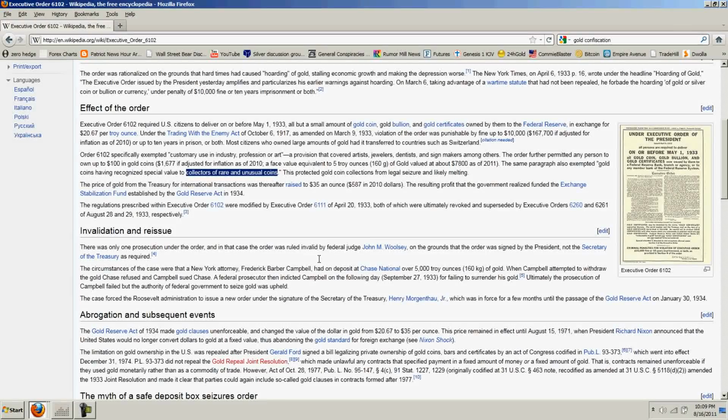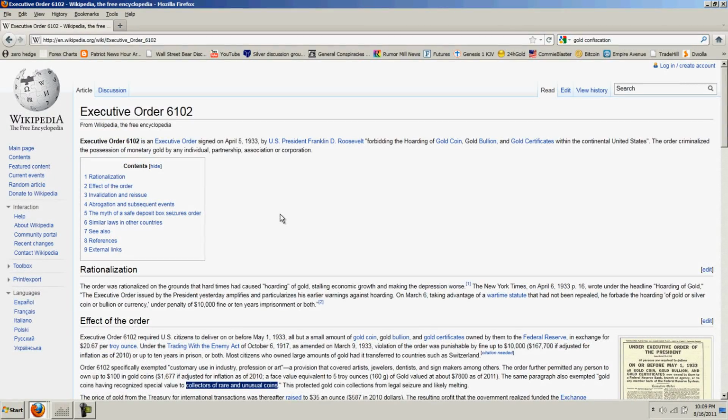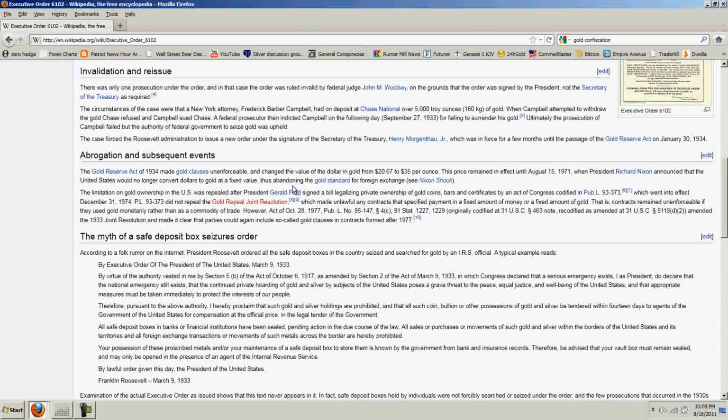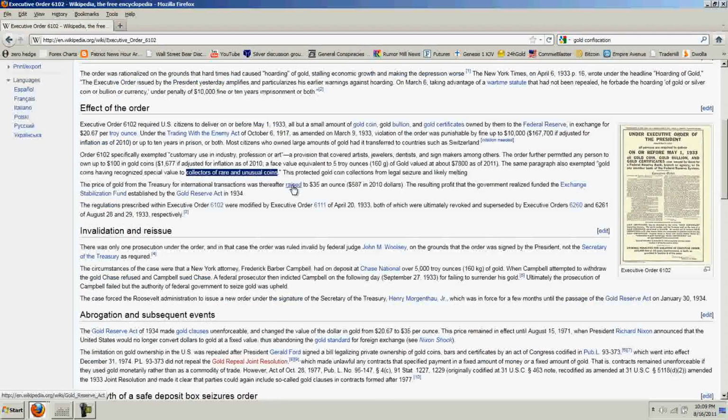So you actually could have gone out and sold all your gold to the government for a 3% profit and turned right around and bought gold, although it might not have been available. Or you could have bought land, or you could have bought a lot of other things. So, not saying this was a good thing, obviously, but it was not a confiscation. So that's an important distinction that we need to keep in mind.